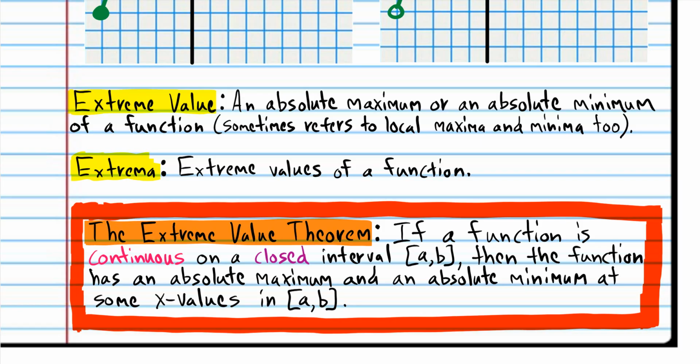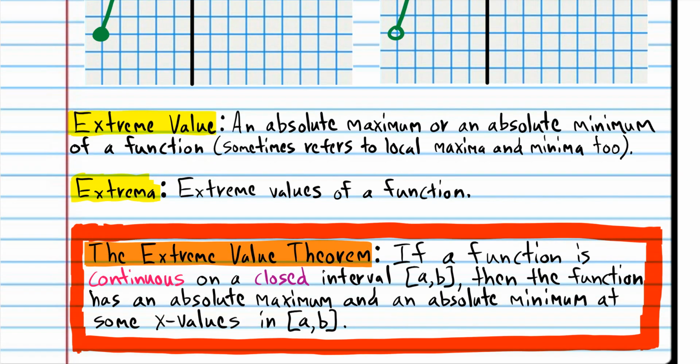Now we've been referring to maxima and minima, maximum values, minimum values. You can use those words as nouns or adjectives. If you say, I want you to find the maximum of a function, you're using the word maximum as a noun. It refers to the biggest y value. But if you say, I want you to find the maximum value of the function, maximum is being used as an adjective. So just be aware of that.